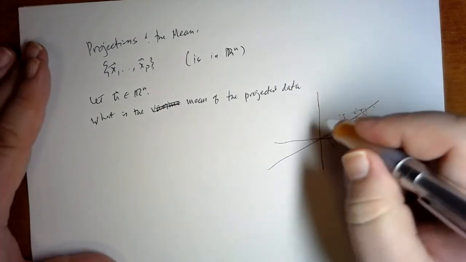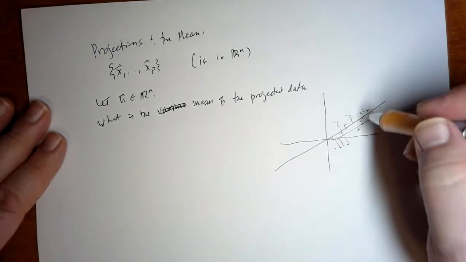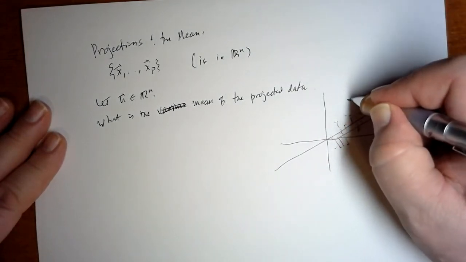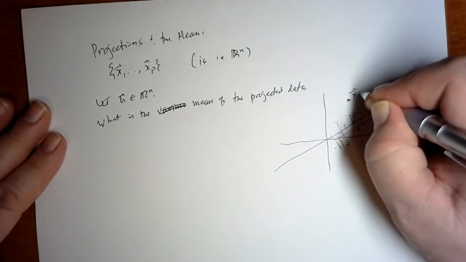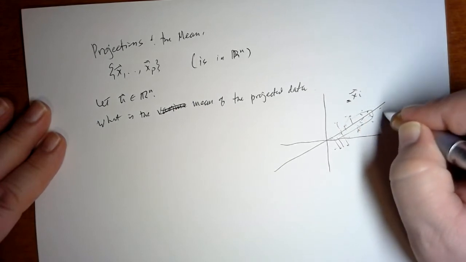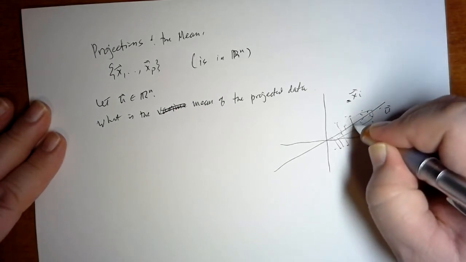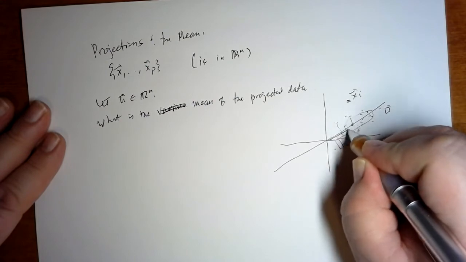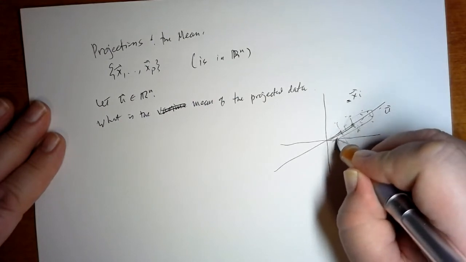Because we said in the first video that if these are our xi's, and this is my vector u, then I want to treat this as if it were a scalar value along the vector.